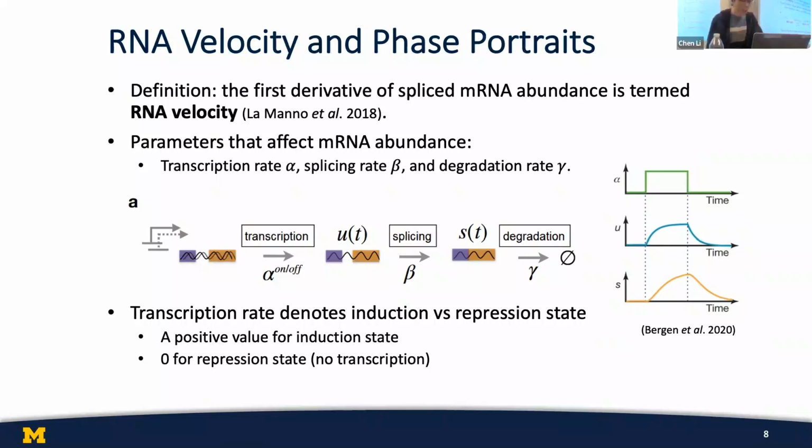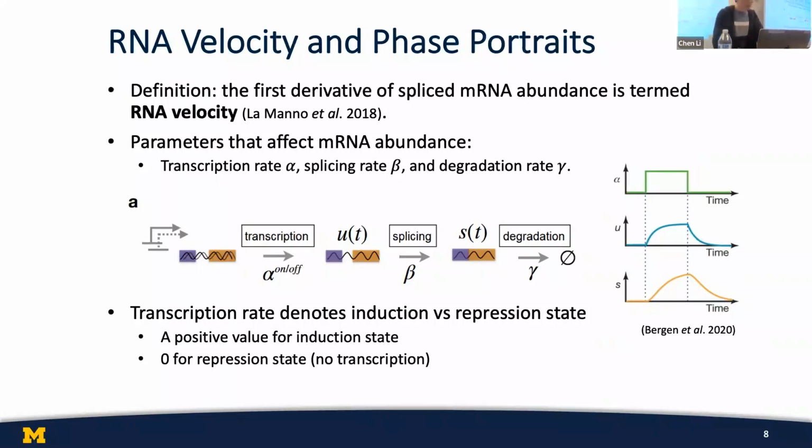The whole process is summarized in the figure on the left. We see that when the transcription rate is above 0, like shown on the right, the unspliced count goes up as expected. Then going through the splicing, the spliced count also goes up.